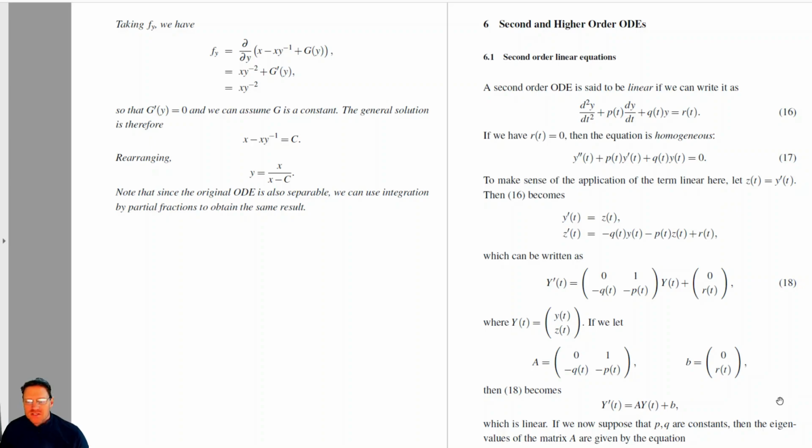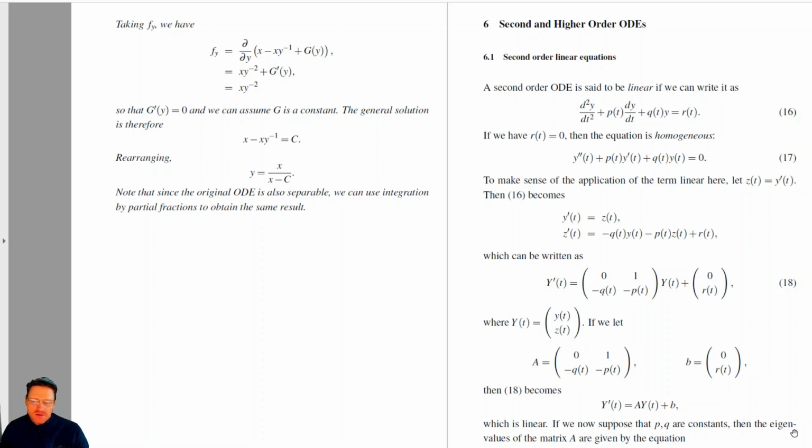Okay, so clearly we see a linear equation there, much as we would with a first order linear equation. All right, so that's why we call this second order equation, equation 16, a linear equation.